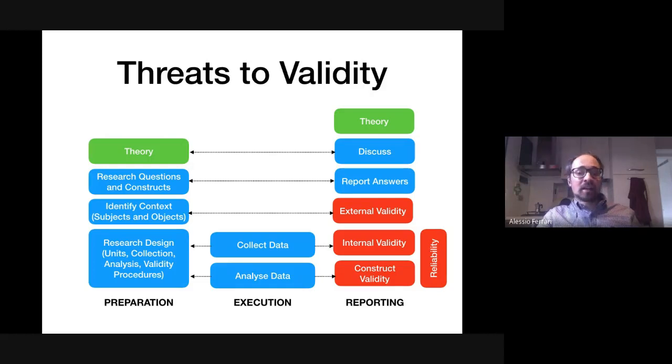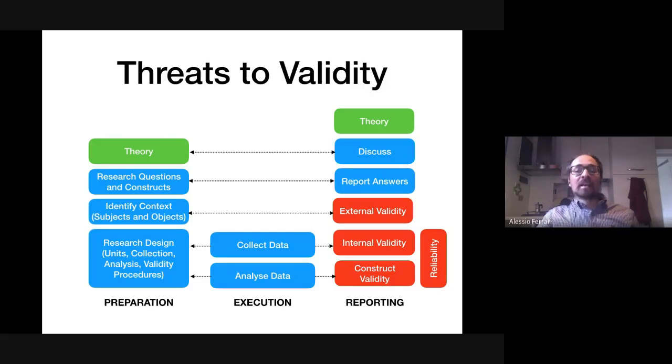The internal validity is related with the data collection activity, because internal validity is analogous to the one in experiments, which are the variables that I could not control, and may have influenced my outcome.